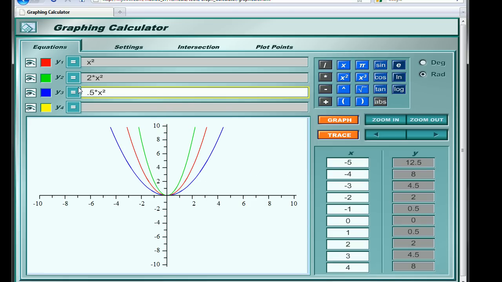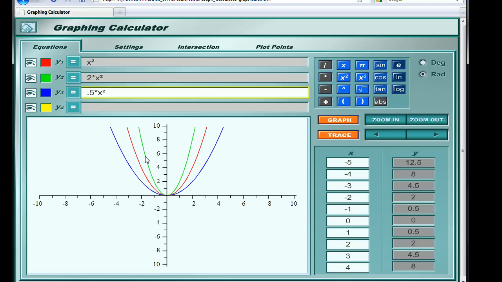Our regular x squared is just in red. If we scale it by 2, it's still a parabola with the vertex at the same place, but we go up faster in both directions. And if we have 0.5 times x squared, we still have a parabola, but we go up a little bit slower. We have a wider opening U because our scaling factor is lower than 1. So that's how you decide how wide or how narrow the opening of our parabola is.